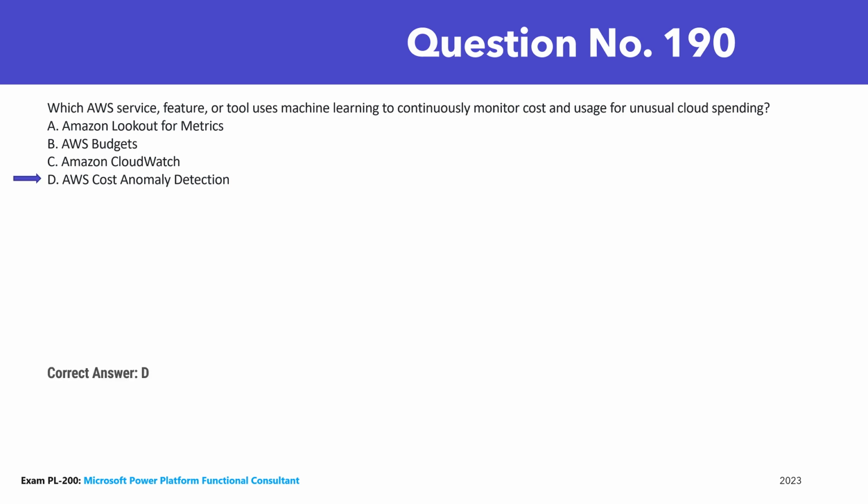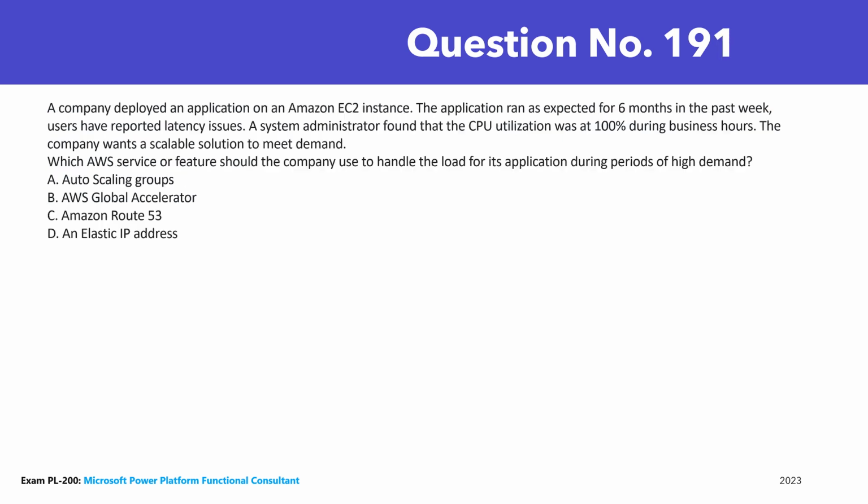A company deployed an application on an Amazon EC2 instance. The application ran as expected for 6 months. In the past week, users have reported latency issues. A system administrator found that the CPU utilization was at 100% during business hours. The company wants a scalable solution to meet demand.